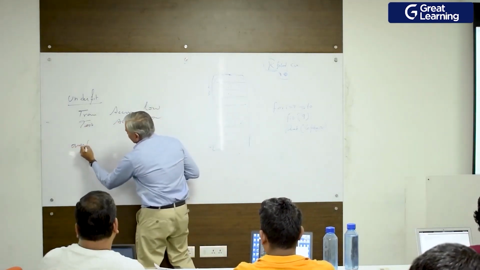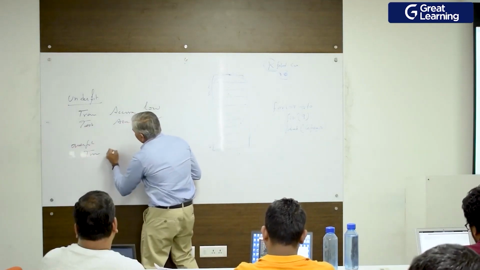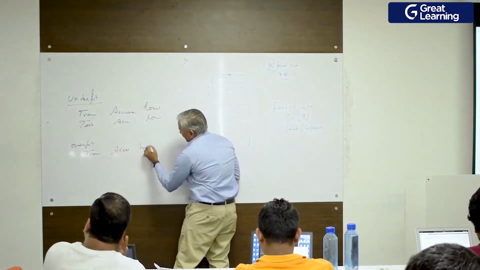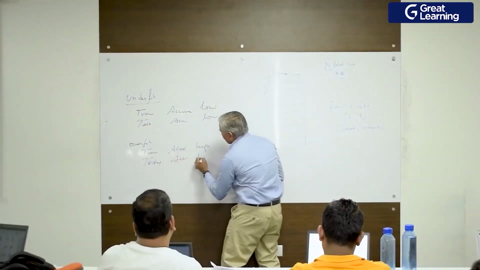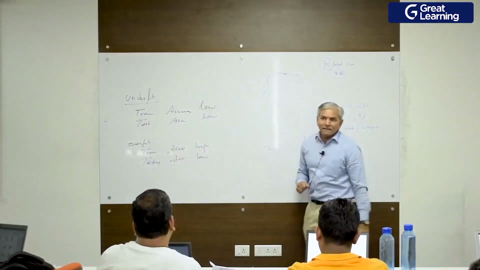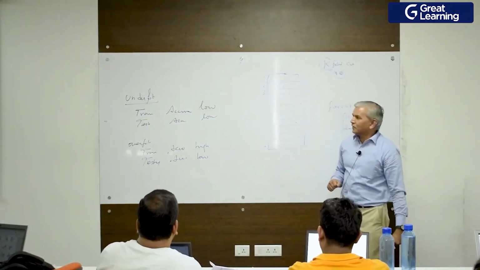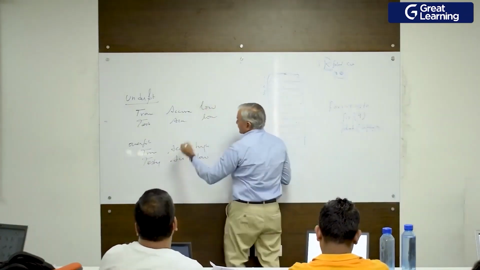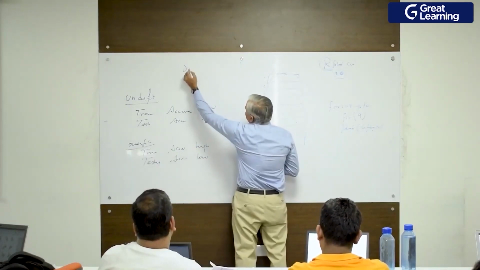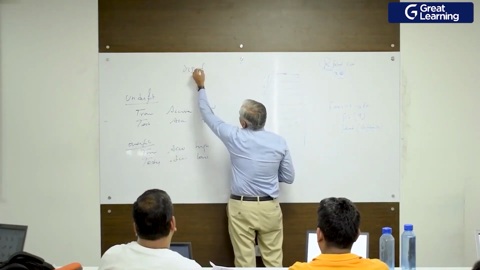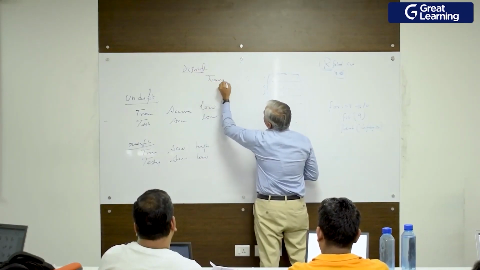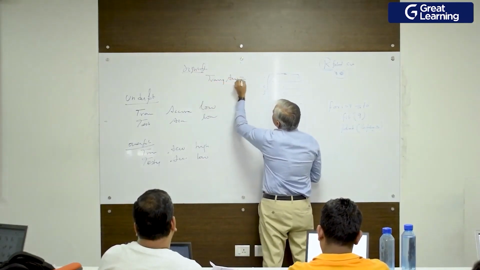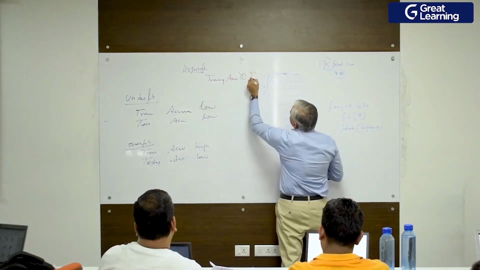Overfit is the case where training accuracy is very high and testing accuracy is very low. Right fit is the case where training accuracy is more or less equal to test accuracy.